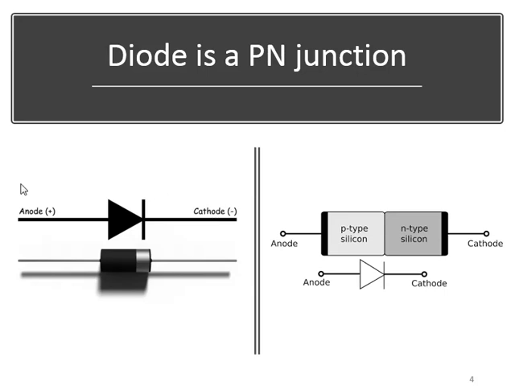Because the operation of this component is very simple. If you connect the positive side to the anode, this device is going to work like a wire for you, like a short circuit. So it's going to pass the current with no problem. But if you connect the positive side to the cathode, this device is going to work like an open circuit. It's not going to pass anything.